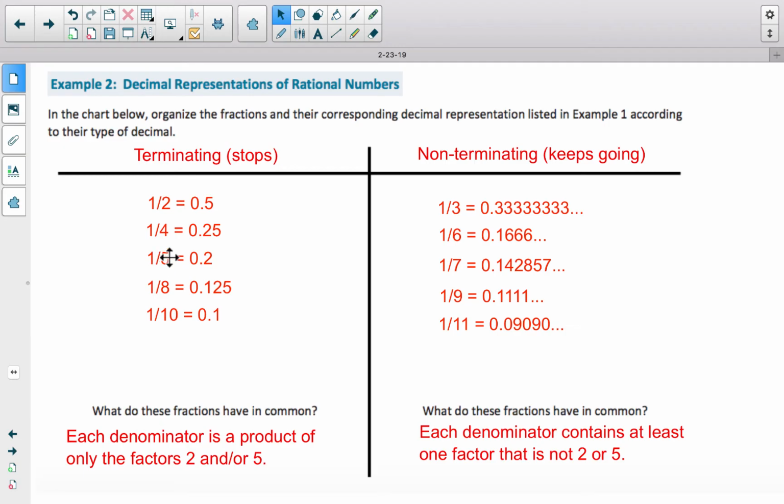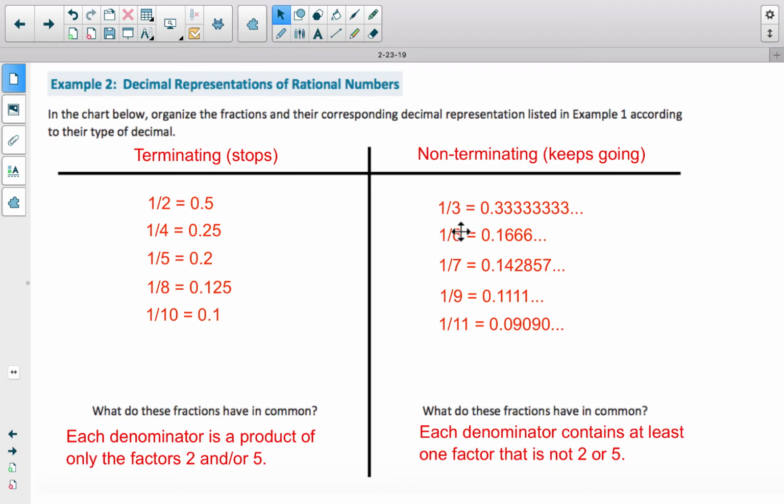Now we have 5 here, and then 2 times 2 times 2, meaning 2 to the third power, gets 8. 5 times 2 gets 10. Now, if I look over here to the right, these are our non-terminating decimals because they keep going on and on. And each denominator here contains at least one factor that is not 2 or 5. So, for instance, 3 would just be 3.